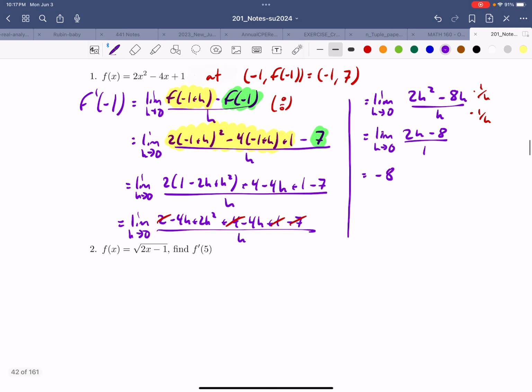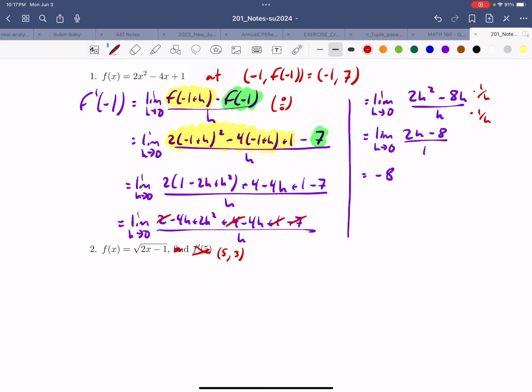All right, next one. f of x equals that. Oof, radical, nasty. All right, well, again, what they really mean to say is we're looking at the point 5 comma f of 5, which is square root of 9, which is 3.